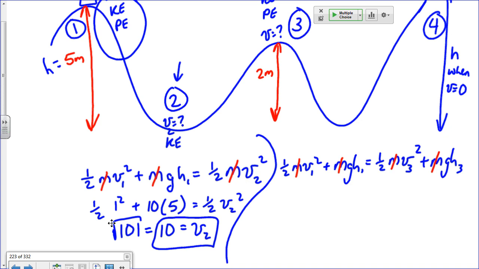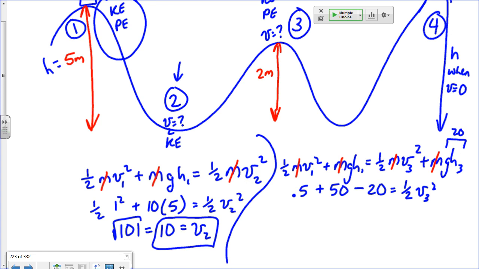I'm going to put in some numbers here. This is 1/2 of 1 squared plus 50 minus 20. The minus 20 came from here. This is equal to 20, so I subtracted 20 from both sides.